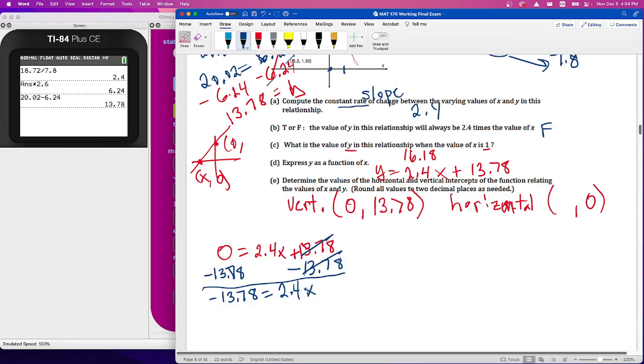Then, to get x by itself, divide both sides by 2.4. Notice x is going to be a negative value, so I'll go ahead and put that there. I just need to take 13.78 divided by 2.4.